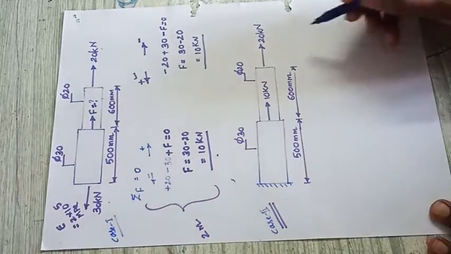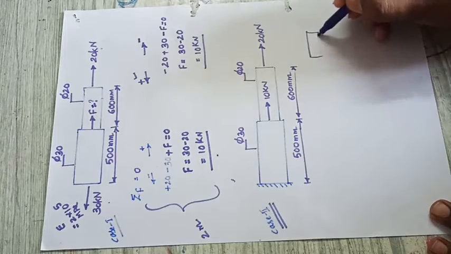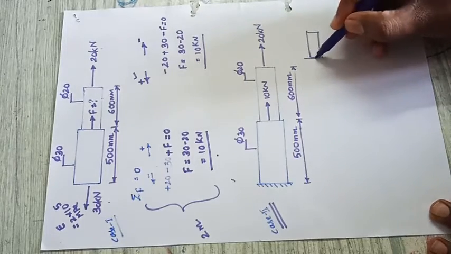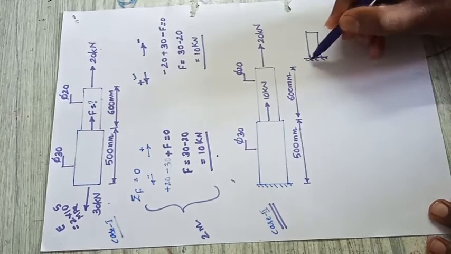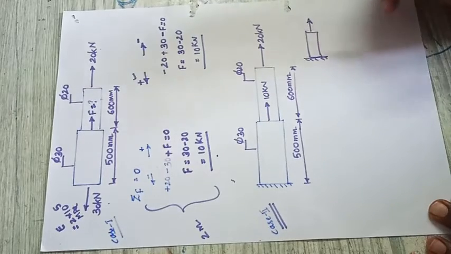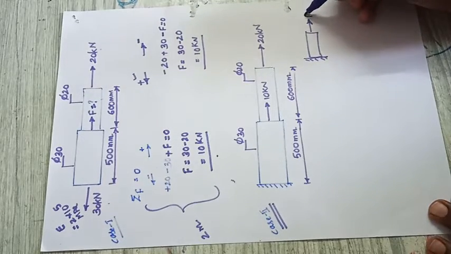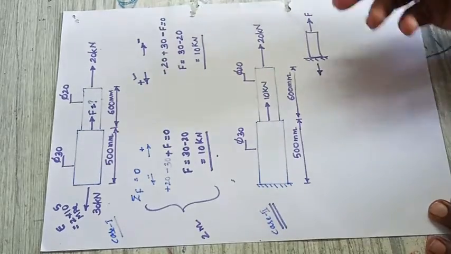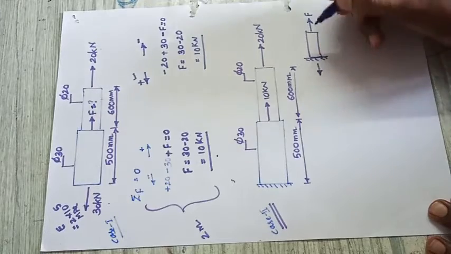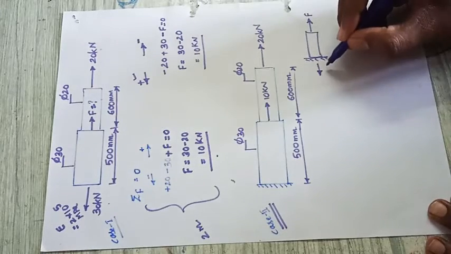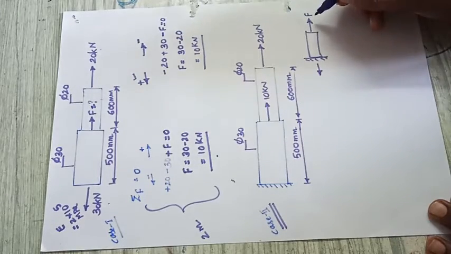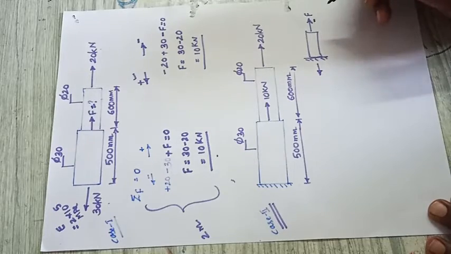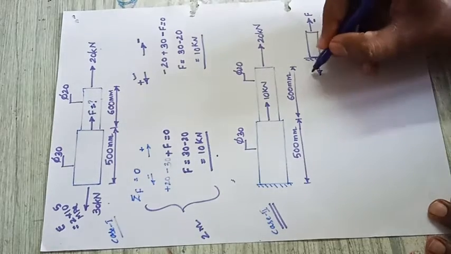Normally, if a bar is fixed on one side and a load F is acting on the other side, the same reaction force will be acting at the fixed side. The direction of this reaction force is opposite to the direction of the applied force, and the magnitude will be the same.